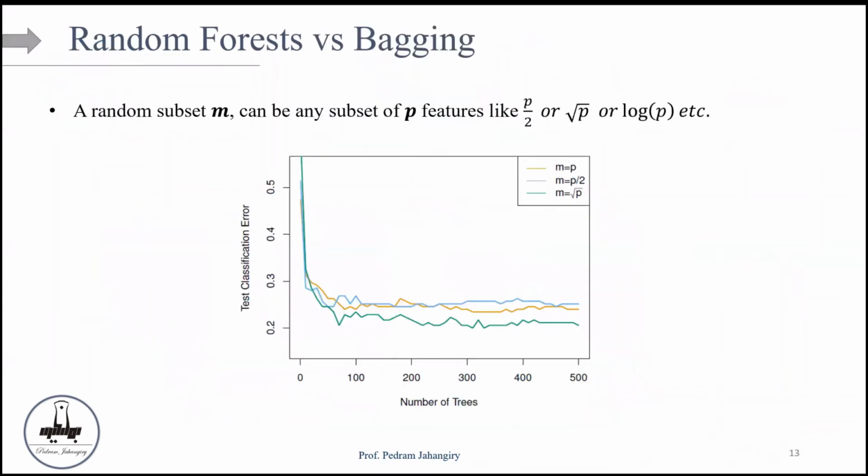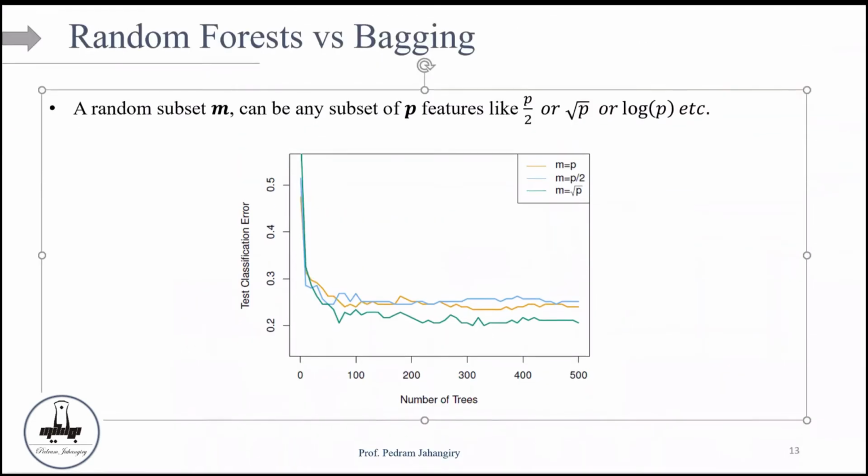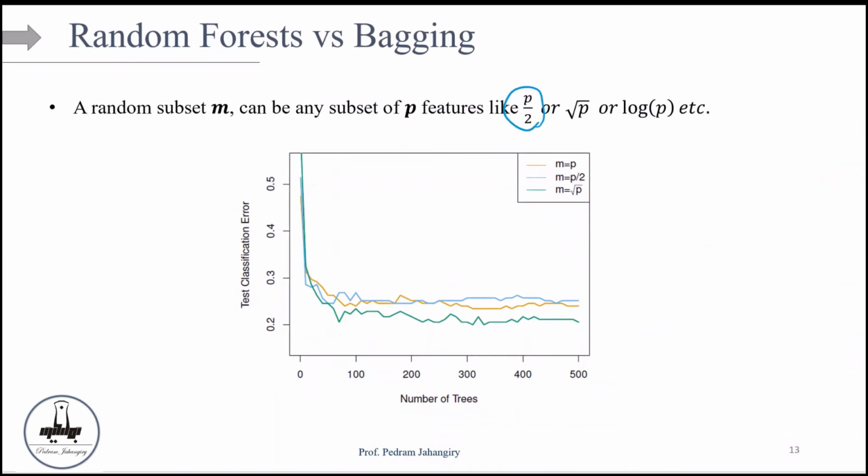But in practice, usually we use M to be much smaller than P, right? So for example, we use P over 2, we use the square root of P, we use log to the base of 2 of P, right? And if I want to give you an example, imagine the original data has 10,000 features.